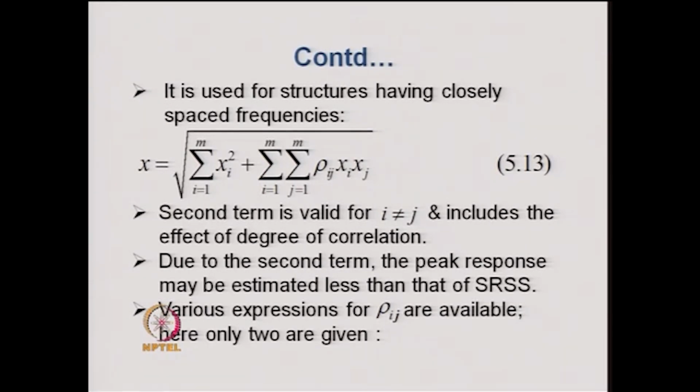So, the SRSS rule, which ignores the second term, can provide a higher value compared to the CQC rule, or in other words, the CQC rule quite often estimates less value than that provided by the SRSS rule.